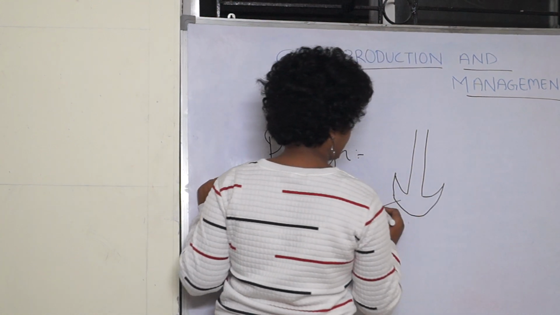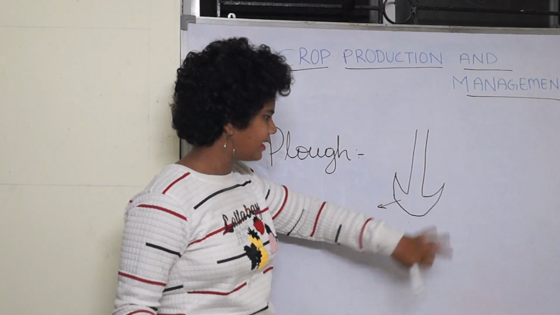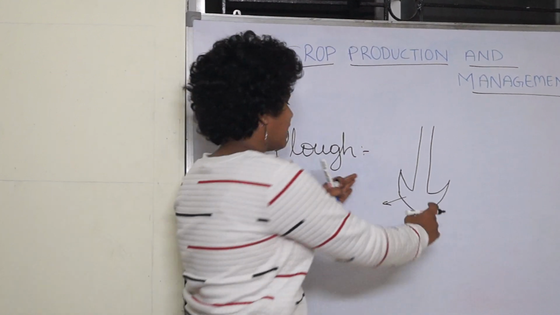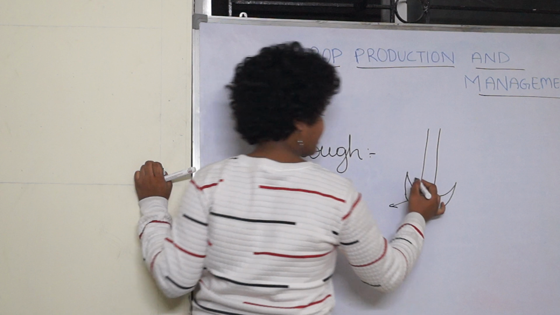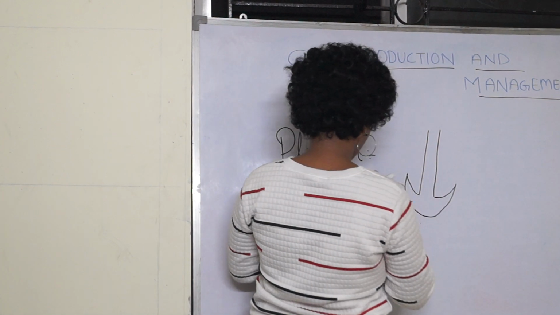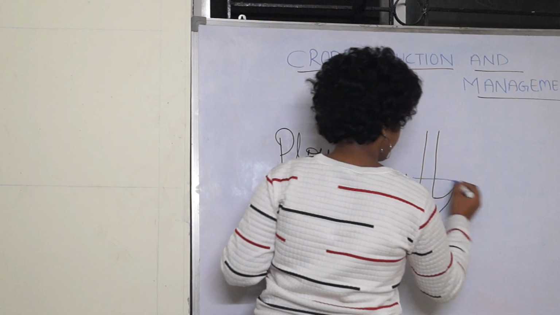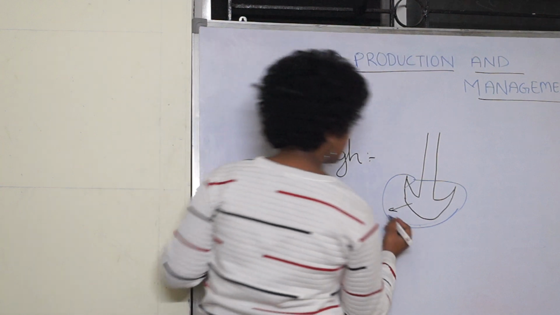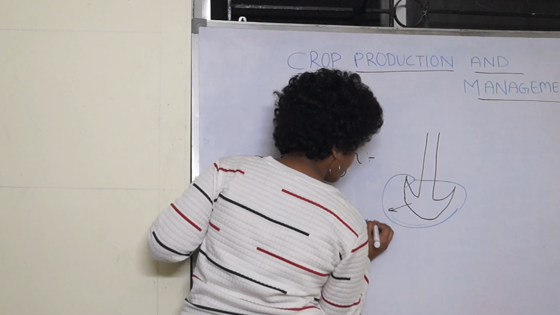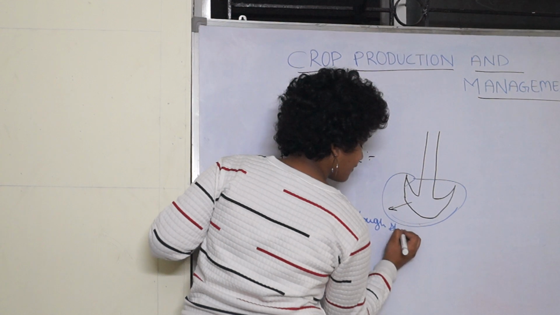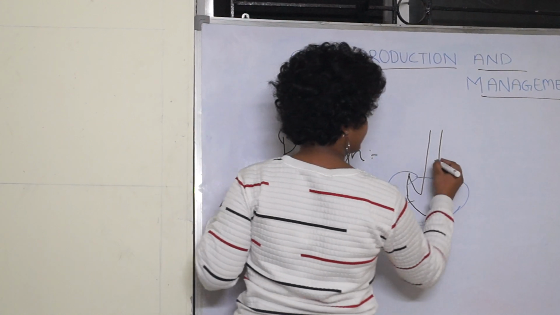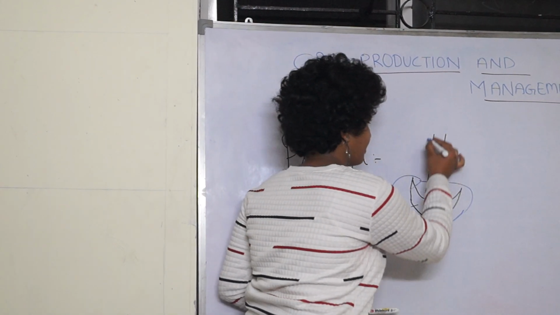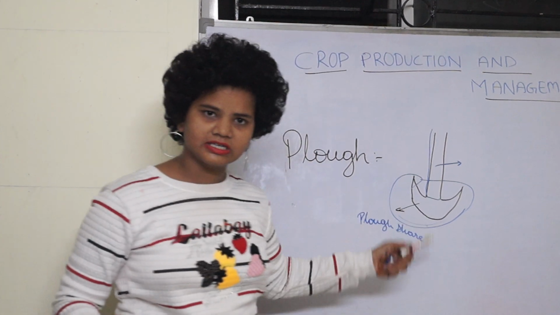Now let's name the parts. This is called the front part. Here we have sharp ends at two sides. So this part is the front part, and it is called the plow share. And we have a log-like structure here.